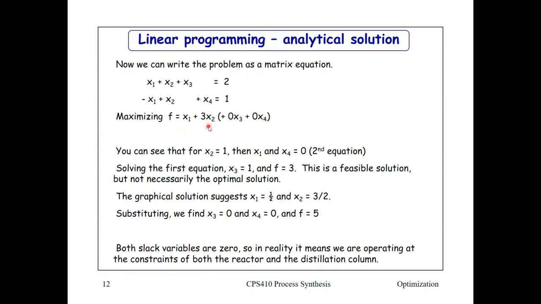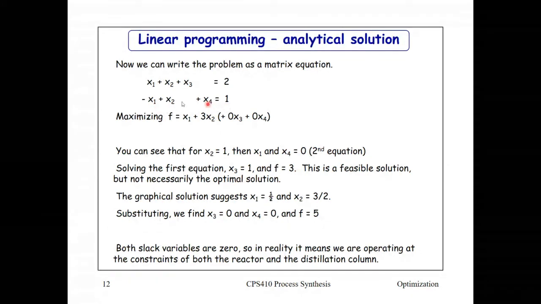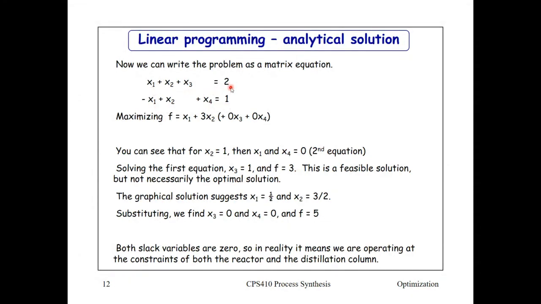And when you find that optimum, in other words, when you find the maximum value of F, then it may be that some of these slack variables are non-zero, and it just gives you an indication which of these constraints is still operable, or whether you're against that constraint or whether you're not against the constraint.